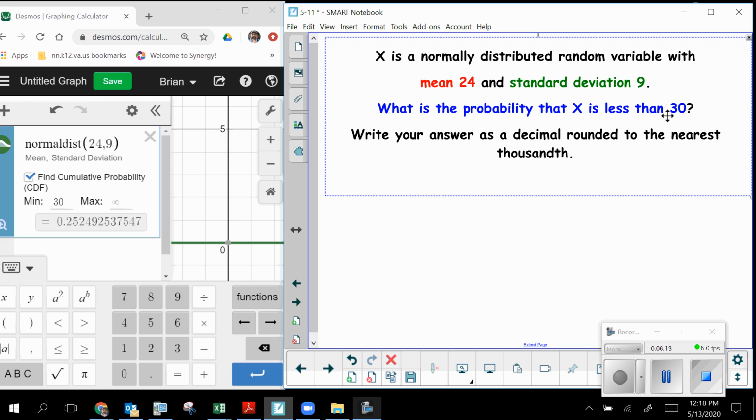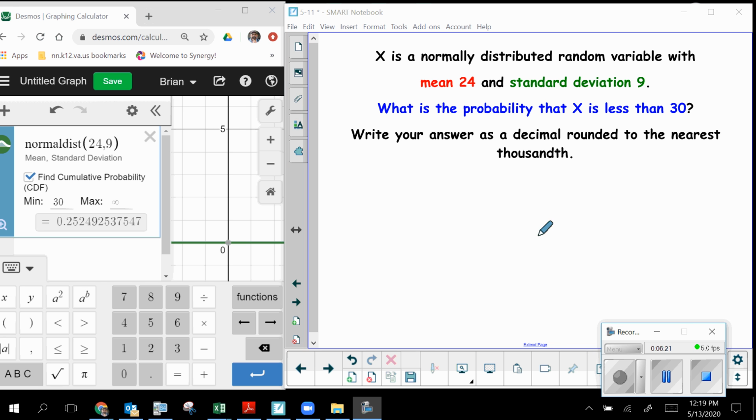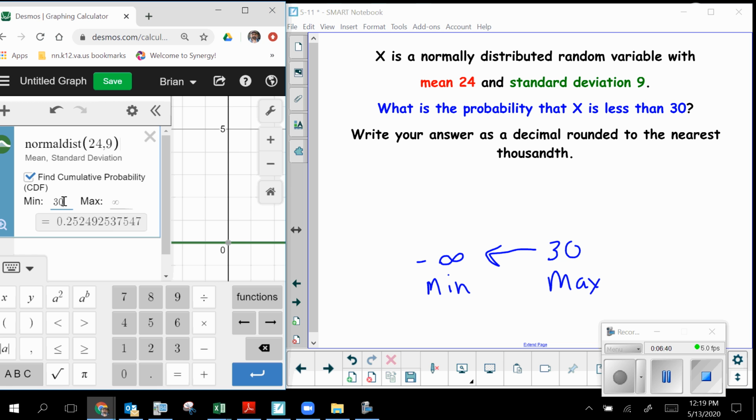And so once again, to visualize that concept, we're talking about 30 and anything to the left of 30, right? Less than 30, which means our minimum is negative infinity and our maximum is going to be 30. So we'd leave the min alone and we would plug in 30 for the max, which all we have to do, since we've already got the mean and standard deviation in there, is delete our min, right?